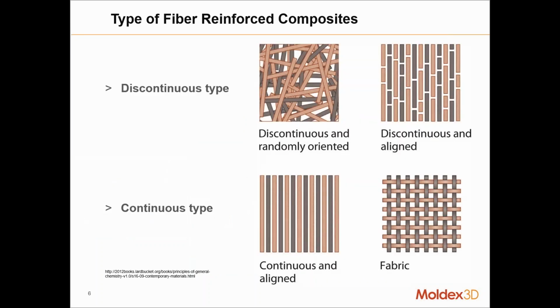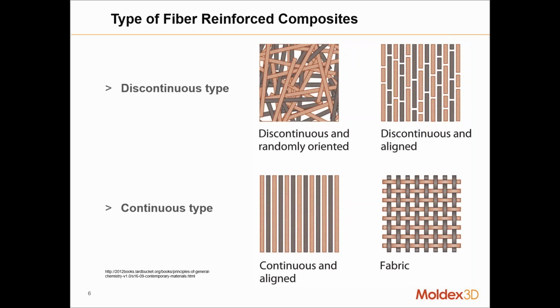So for discontinuous types of composites, we have randomly oriented fibers, and we have discontinuous and aligned fibers. Doesn't necessarily have to be fibers, but I think fiber is an easy way to visualize.